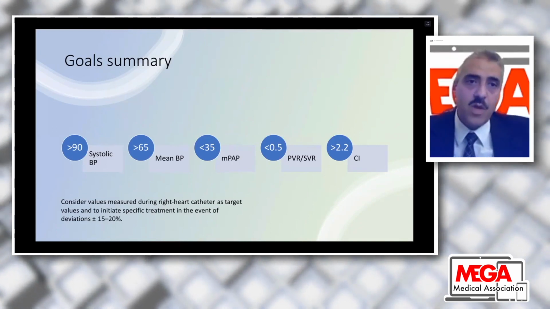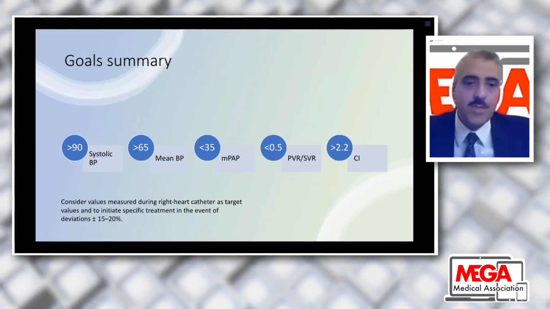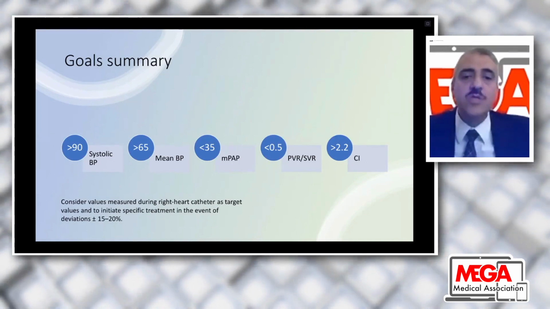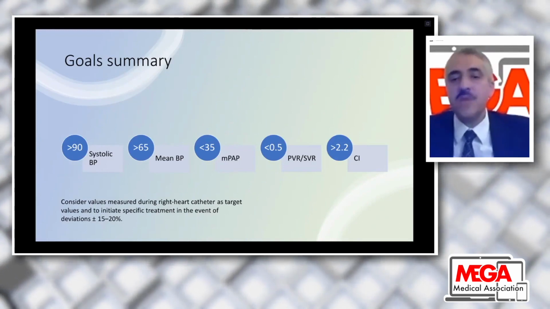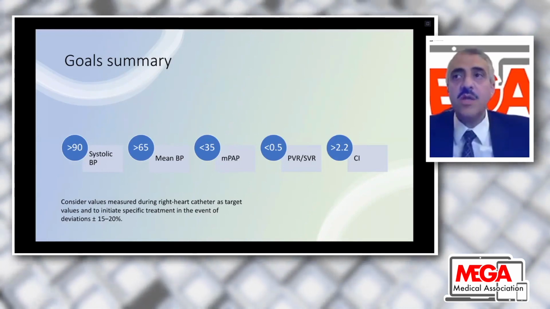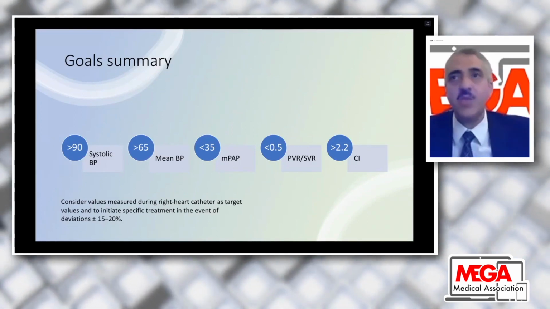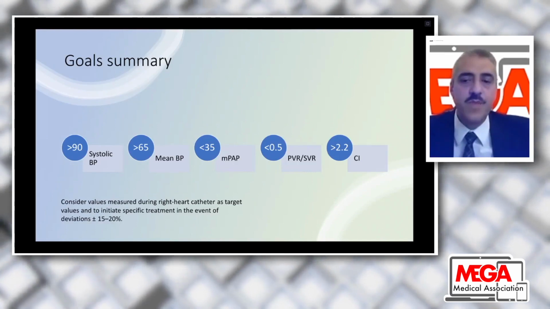This is how we put the goals for our OR management. Or we can use the results of the right heart catheter as target values and start the intervention when there is a deviation in these values of between 15 and 20%.